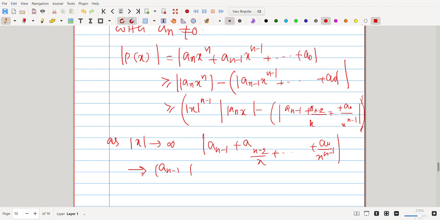So in particular if you take limit on both sides, p(x) equal to infinity.